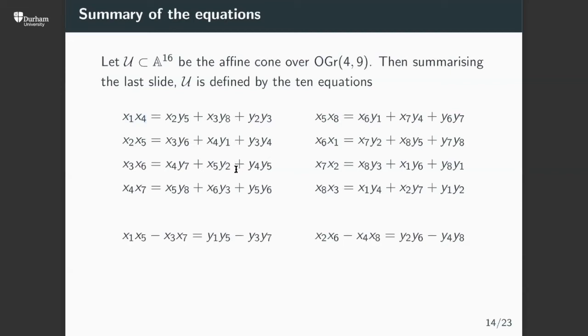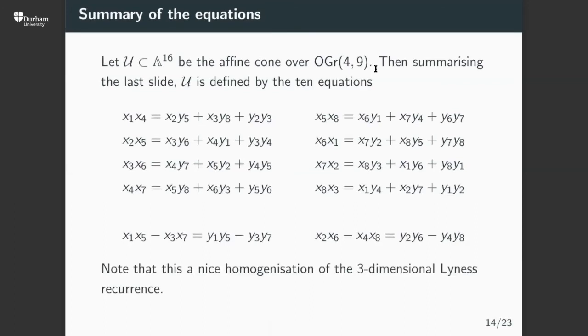And this 8-periodicity now is the 8-period cyclic rotation of this orthogonal Grassmannian that you find. This is, as I just said, a very nice homogenization of the 3-dimensional Lyness recurrence.